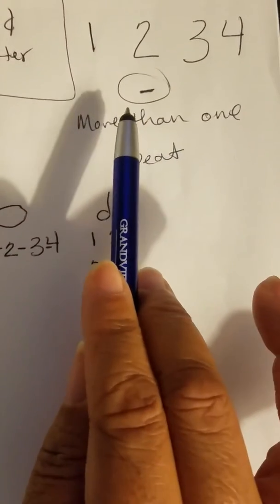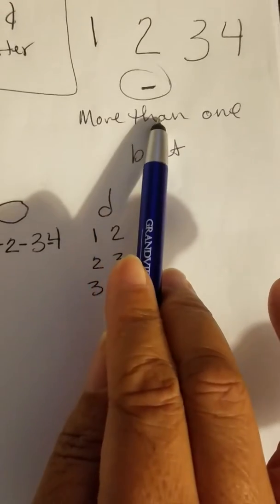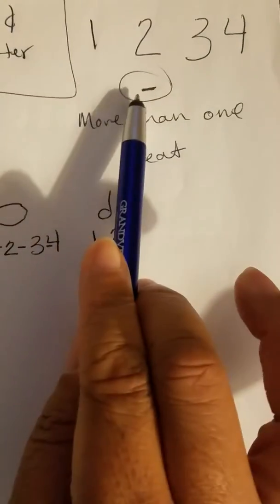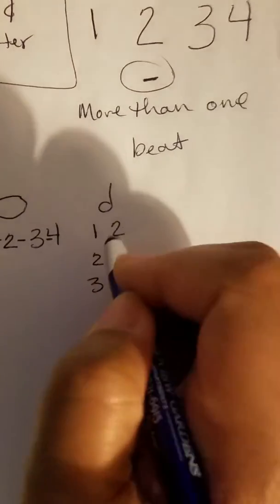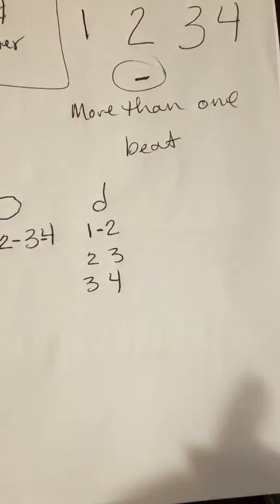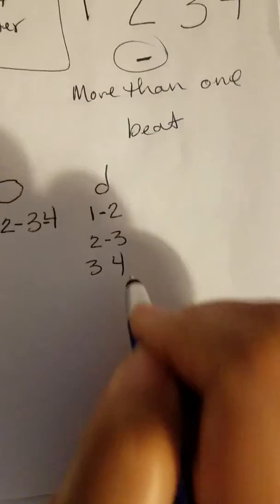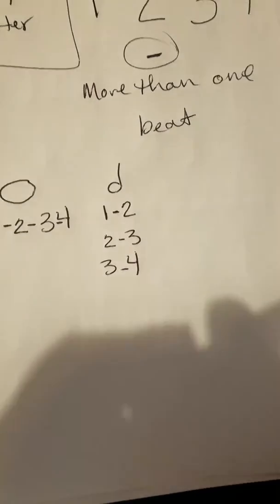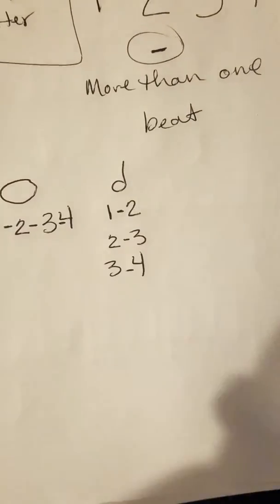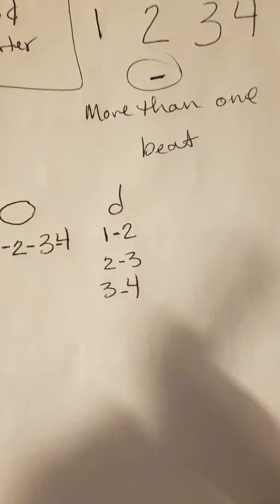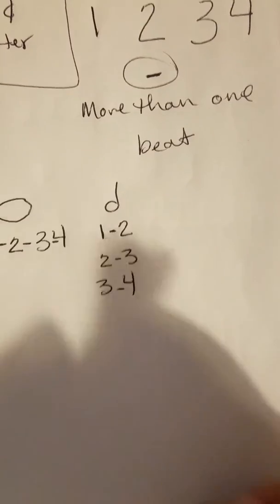Any note that is worth more than 1 beat has to have dashes in between the numbers that represents its value. So I'm going to put a dash here, a dash here, and a dash here. Anytime you see 1 half note, either you're going to put 1-2 or 2-3 or 3-4.